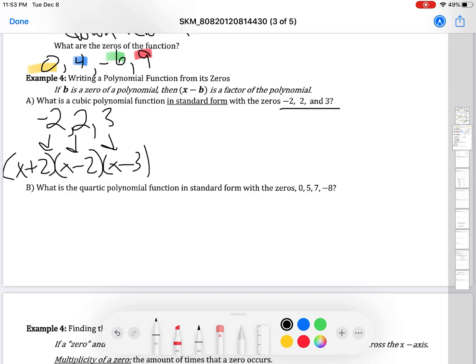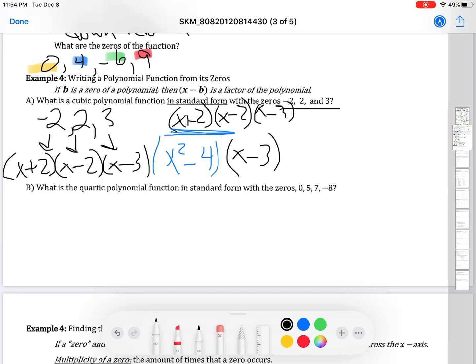What I can do here is I could distribute it. Remember, you can only multiply 2 at a time. So if I have my 3 parentheses here, I know that the first 2 right here are just going to multiply to be x squared minus 4.